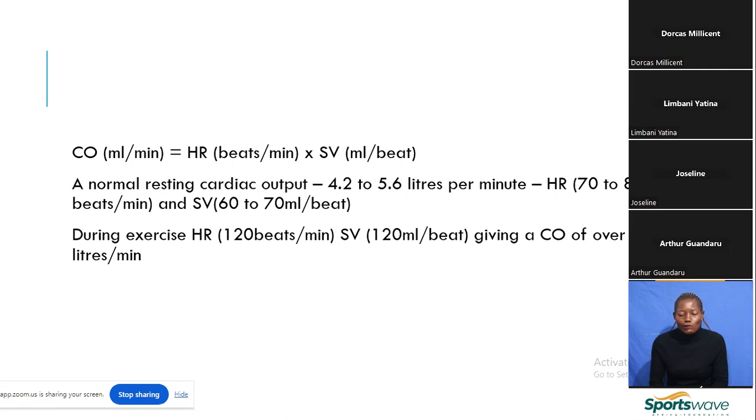Now remember, the heart uses energy. So I would not want a heart that is beating at 18 beats per minute and only producing 1 volume of blood. That is not the kind of heart that you are looking for. You are looking for a heart that is going to beat, say, 1 beat and give you 18 cc's of blood, or 2 beats and give you 9 cc's of blood.